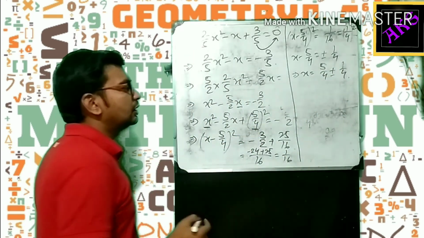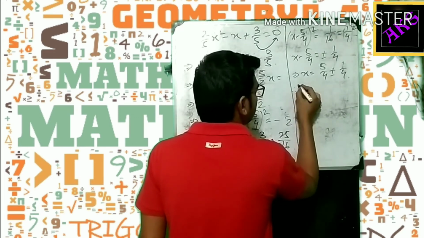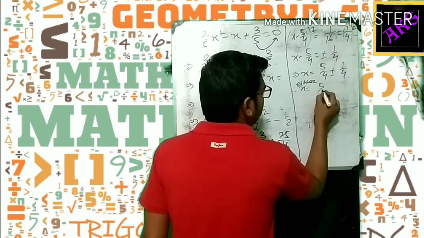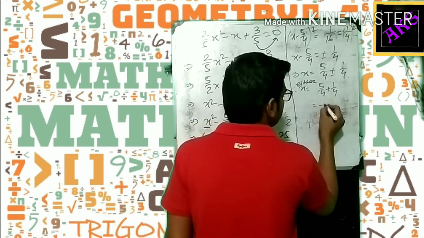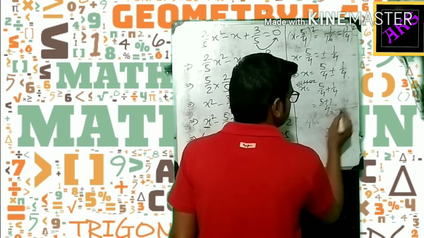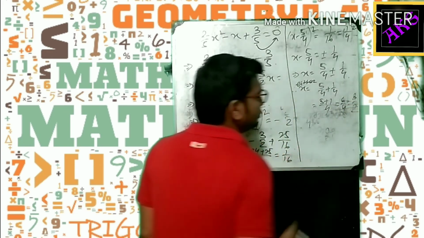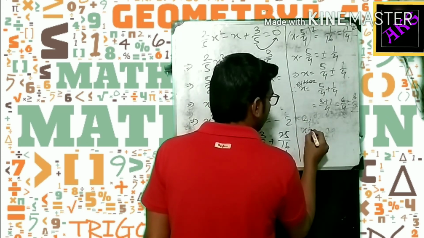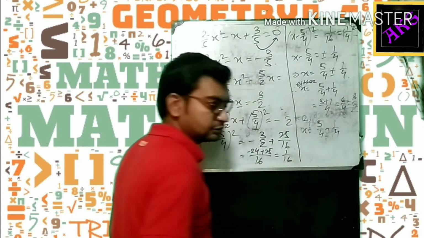Now in the same way, first we will take the plus sign, therefore x equal to 5 by 4 plus 1 by 4, that gives us 4 is the LCM, 5 plus 1, that means 6 by 4, that equals 3 by 2. Or we can have x equal to 5 by 4 minus 1 by 4.